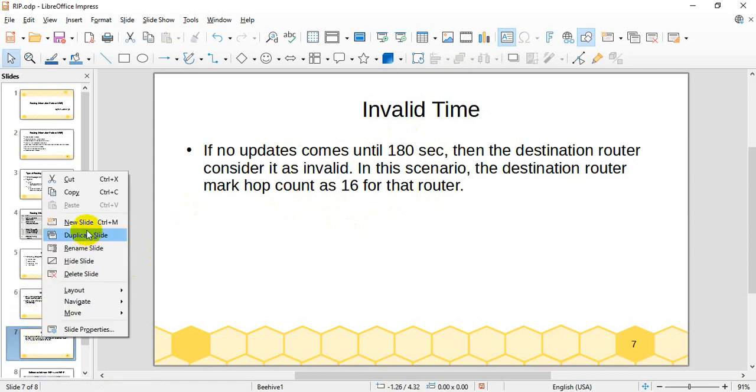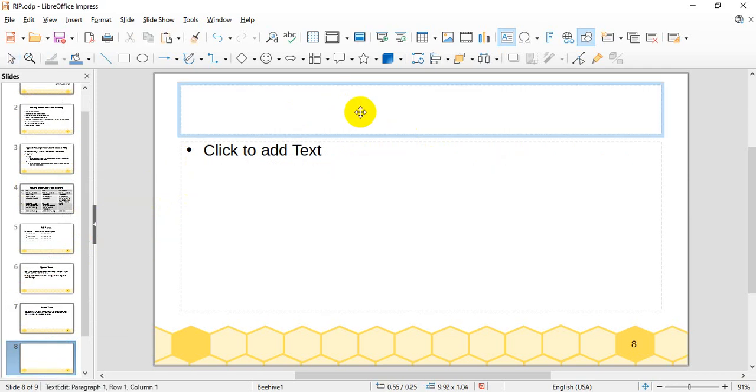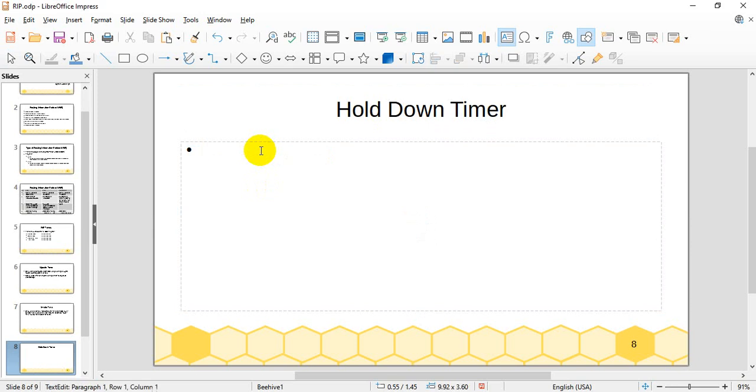And what is the next timer? It is the hold down timer, and the hold down timer default value is 180. What is the hold down timer? It is the time that the router waits for the neighbor router to respond.